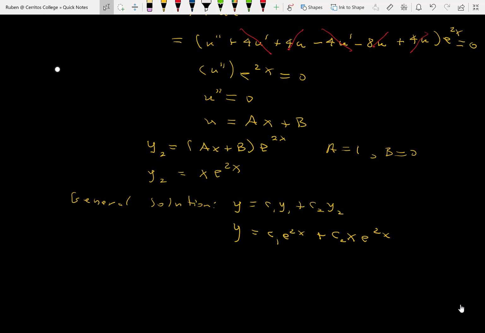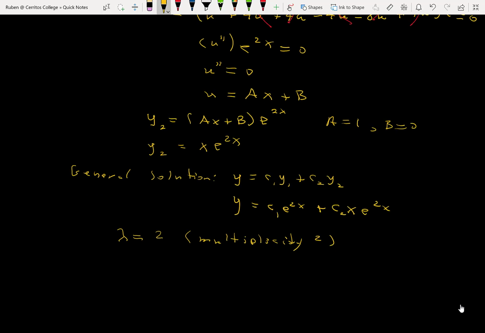The most important thing I'd like you to realize, though, is that if we have a repeated solution to our auxiliary equation, multiplicity 2, then the fundamental set of solutions takes on the form e to the 2x, and we modify e to the 2x simply by multiplying it by x, so an x e to the 2x.